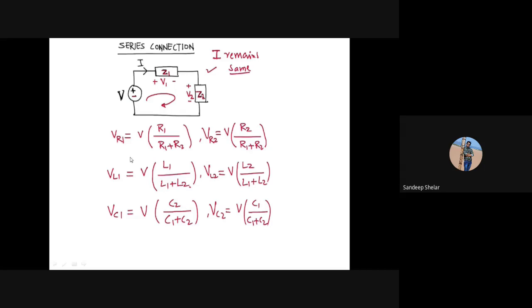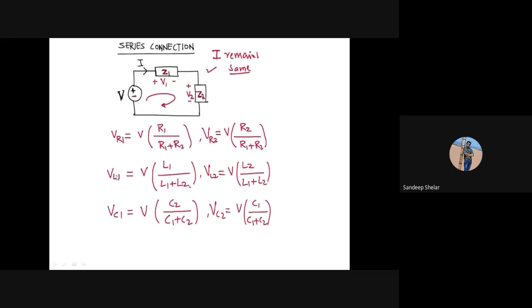For Z1 is equal to R1 and Z2 is equal to R2. Then also consider Z1 is equal to L1 and Z2 is equal to L2. Then find out the voltage VL1 is equal to V into bracket L1 upon L1 plus L2. That means Z1 is L1 and Z2 is L2.